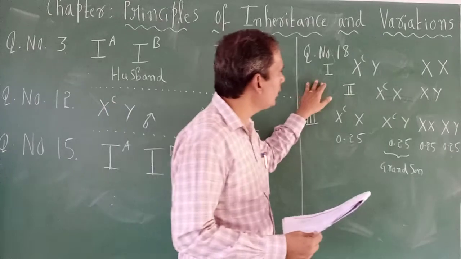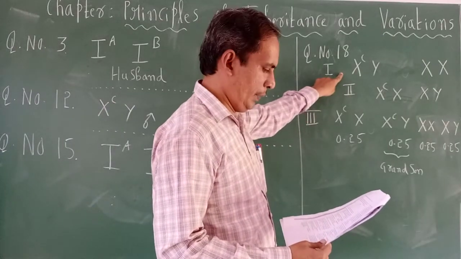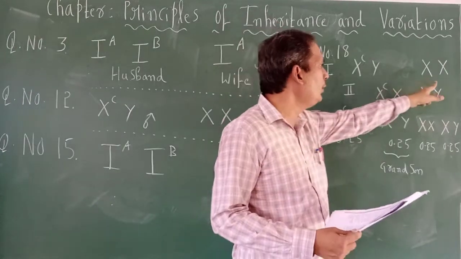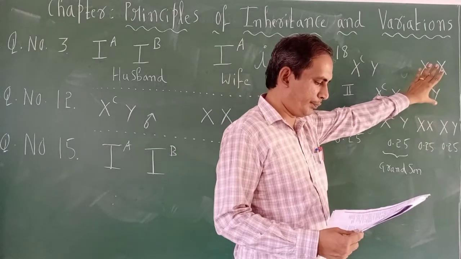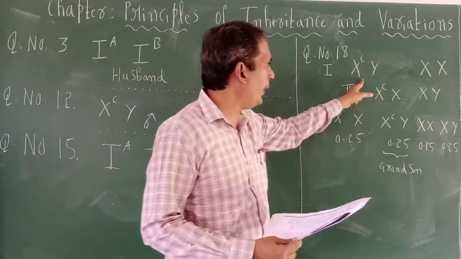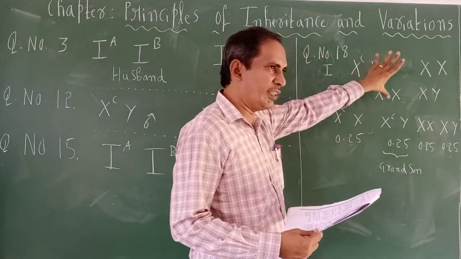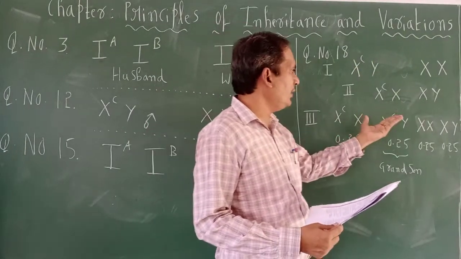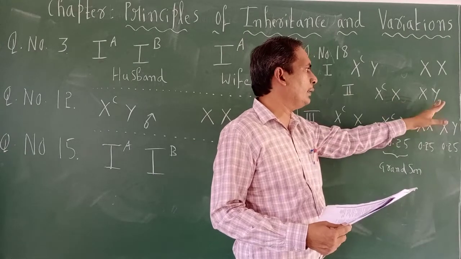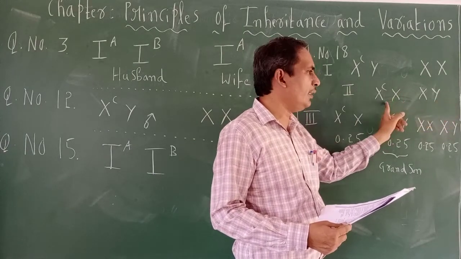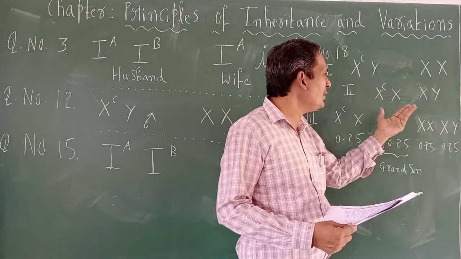Okay, look at this. So a colorblind man marries a woman. The woman is normal. The man is colorblind. They represent the first generation. So what do we get in the second generation? In the second generation we get the males normal while the females are carriers.